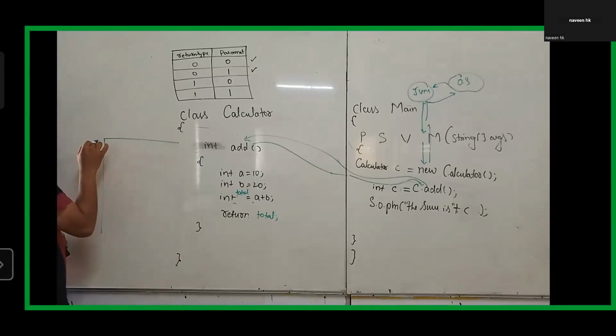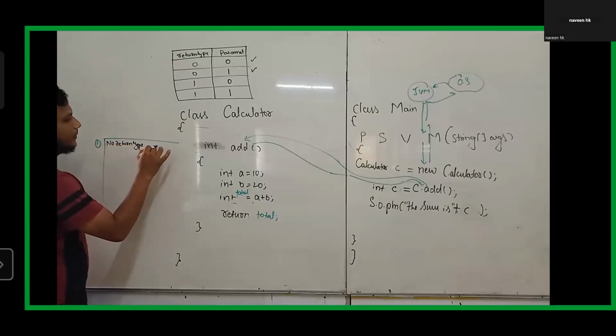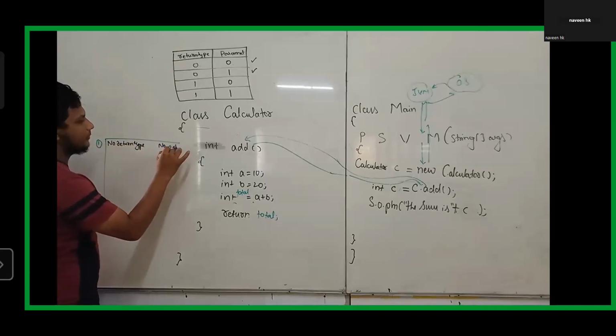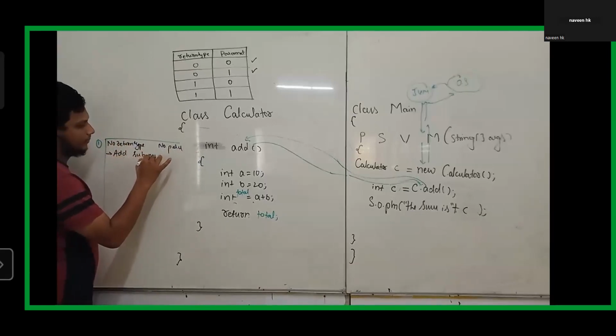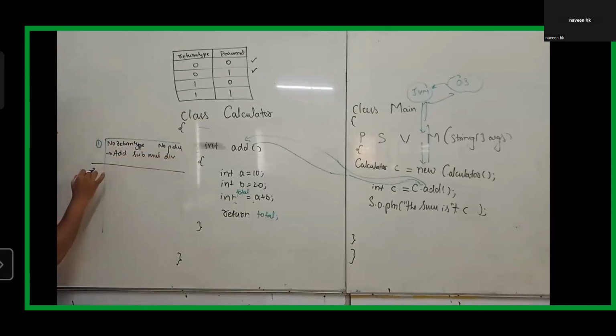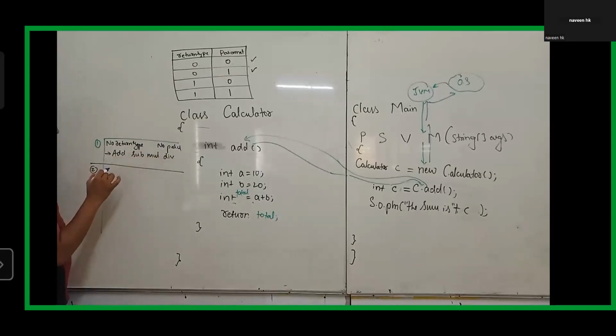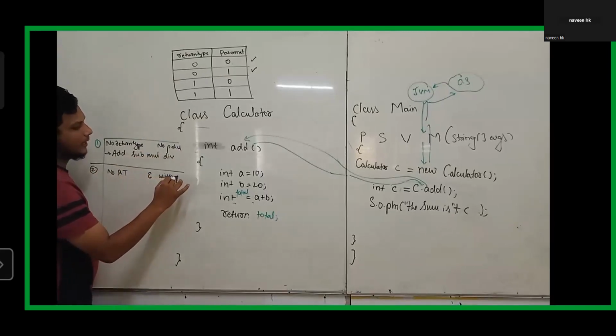Very first thing is that it is no return type, no parameter. You should write all four methods, that is add, sub, mul, and div. Second task: no return type and with parameter.